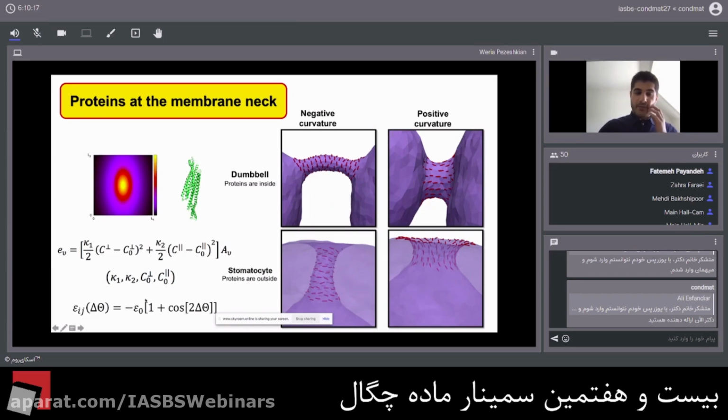But just to clarify, we have to have such an aggregation potential to get this, otherwise they will not just go to the neck. So it's a collective effect. A single protein really doesn't do much. They have to collectively collaborate with each other and go to the membrane neck and then actually change the structure of the neck.